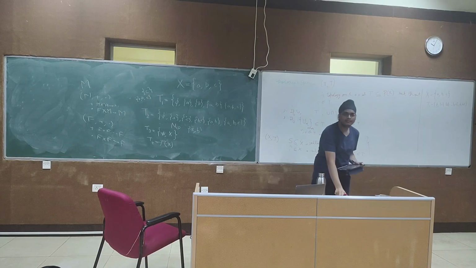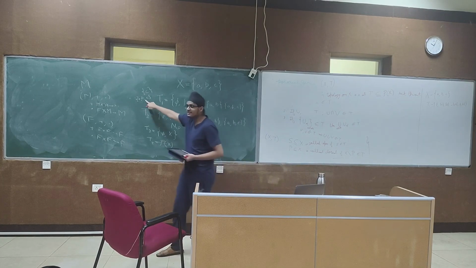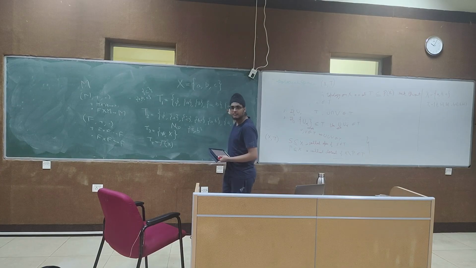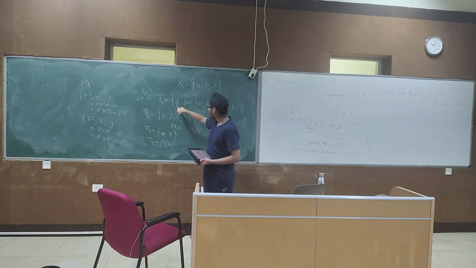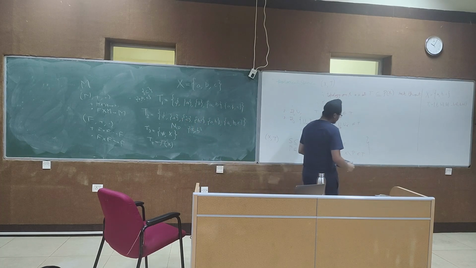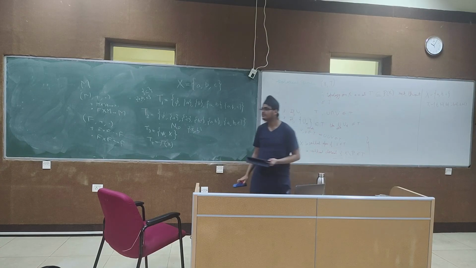Yeah, so see the set. This is open and closed. This set ABC belongs to the topology, so it is open, and X minus this set, which is the null set, also belongs to the topology. So it is both open and closed.